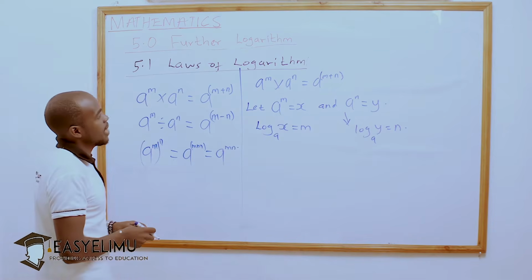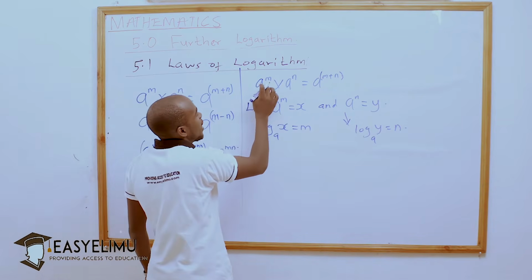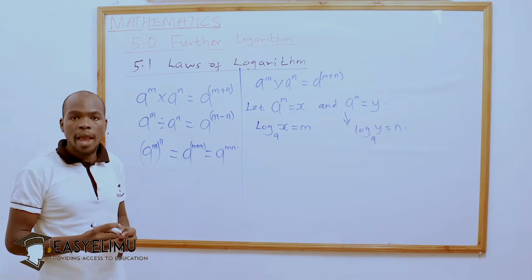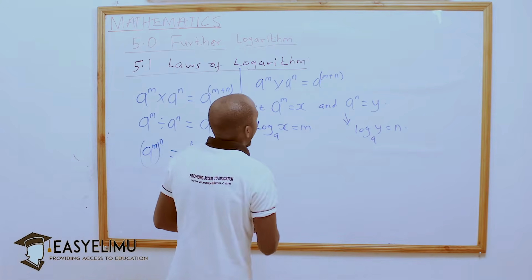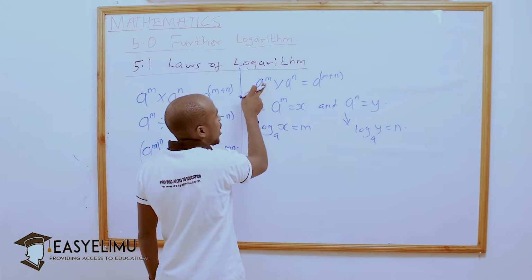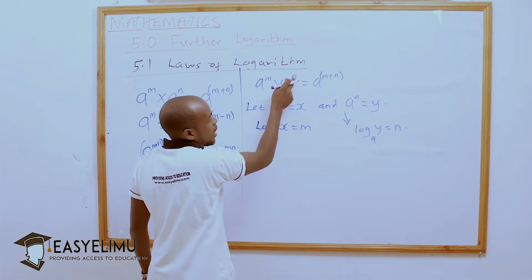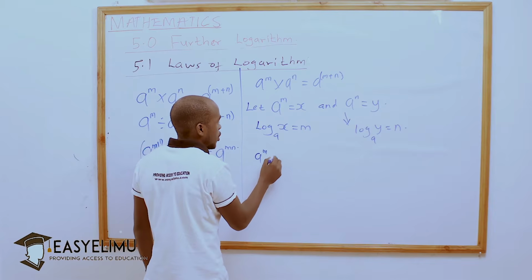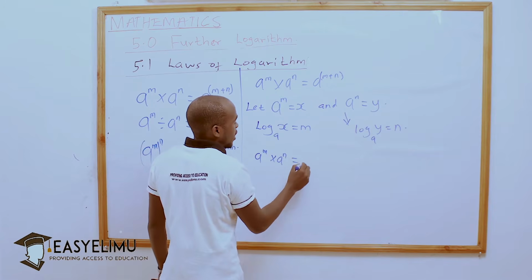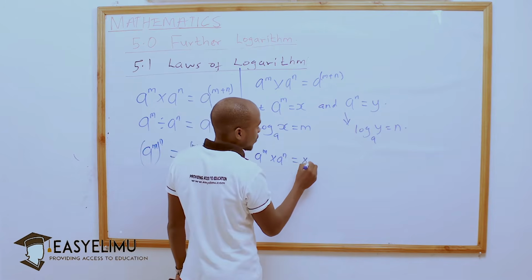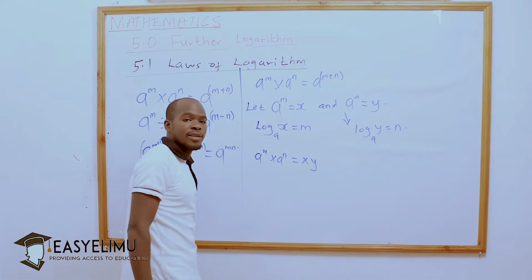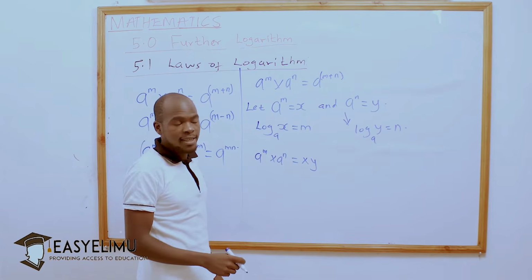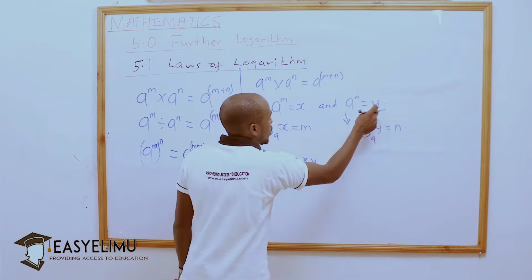But here we can say that since a^m times a^n is equal to a^(m+n), and we have found a^m is equal to x and a^n is y, taking a^m multiplied by a^n is the same as taking x multiplied by y, which is xy, because a^m is equal to x, as we said, and a^n is equal to y.